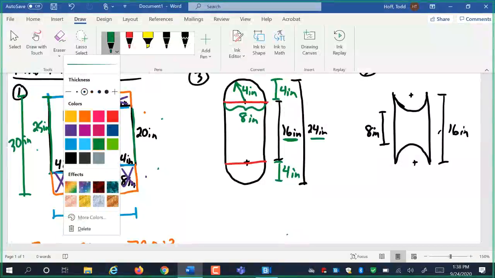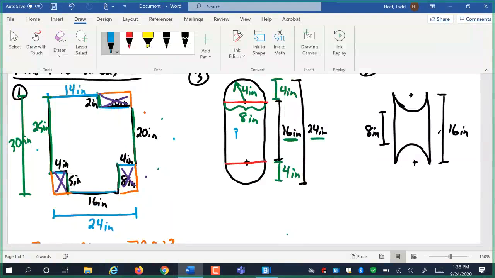So to find the area of this, shape 1 there is a rectangle that's 8 inches by 16 inches, or 128 square inches.